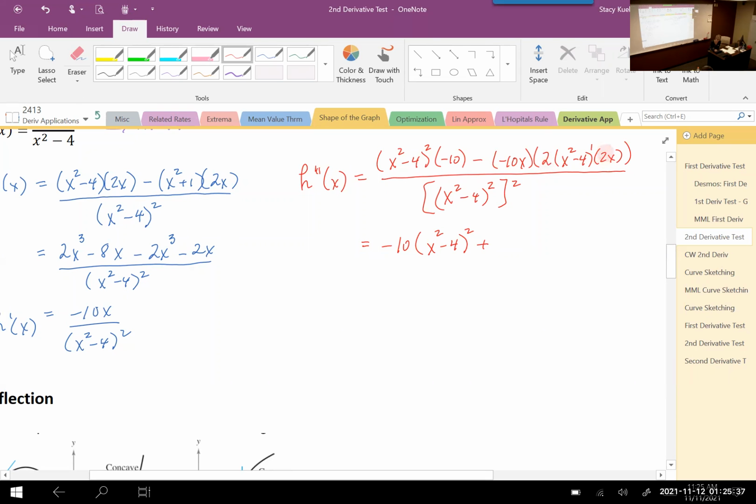Does everybody see that? 10 times 2 times 2, it's going to give me 40 x squared times x squared minus 4 to the first power, all divided by x squared minus 4 to the 2 times 2 would be 4th power in the denominator, right?